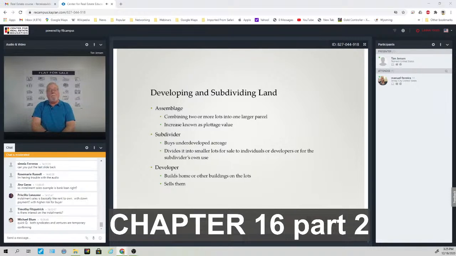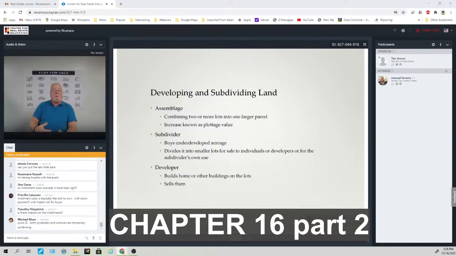Subdivision is where someone identifies an underdeveloped acreage parcel of property. It says, you know, if I could buy that, I could rezone it for a different use and then subdivide it, sell the lots off, and make big profits by selling each unit off. So what they do is they buy that division, have it rezoned or planned for a certain development.